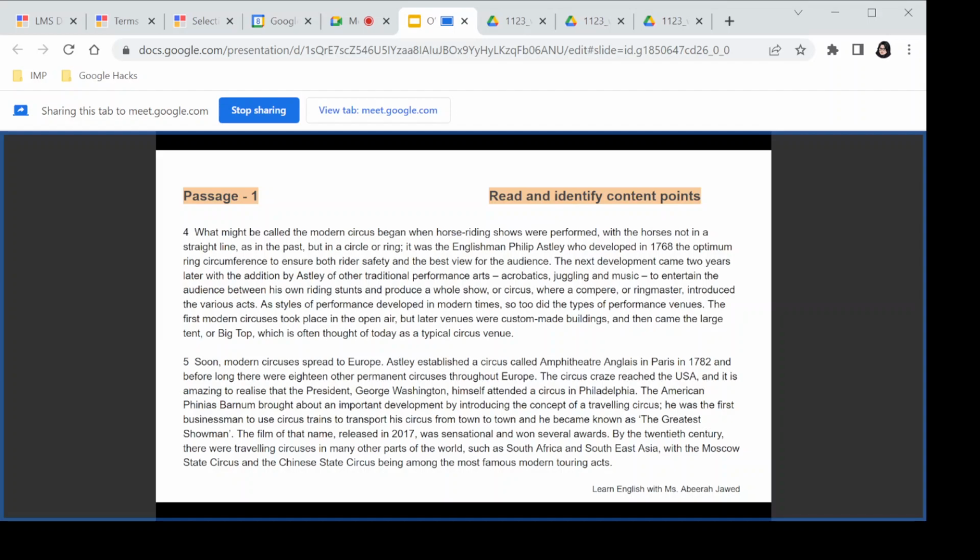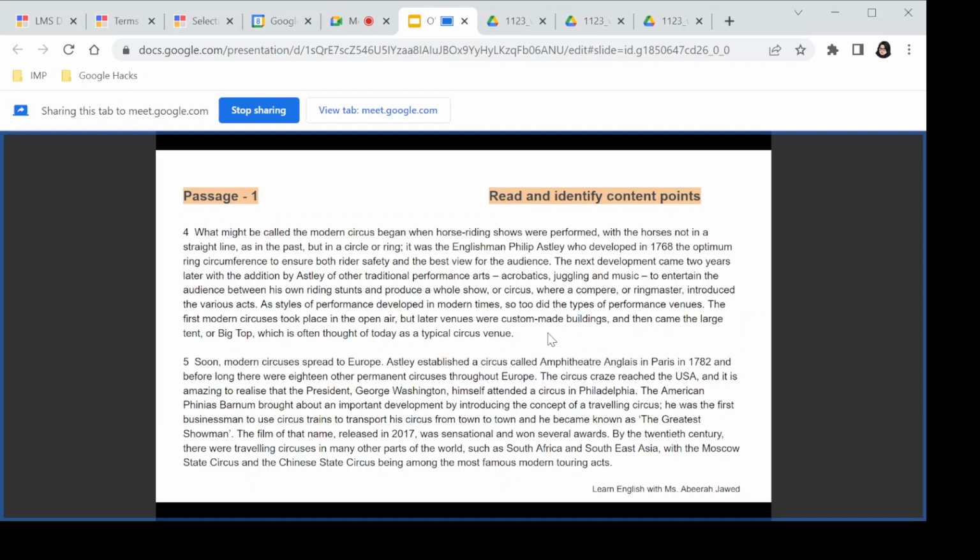Miss, as styles of performance developed in modern times, so too did the type of performance venues. And because, then we, yeah, please continue your sentence. I'm waiting for you to finish first and then give me the reason.